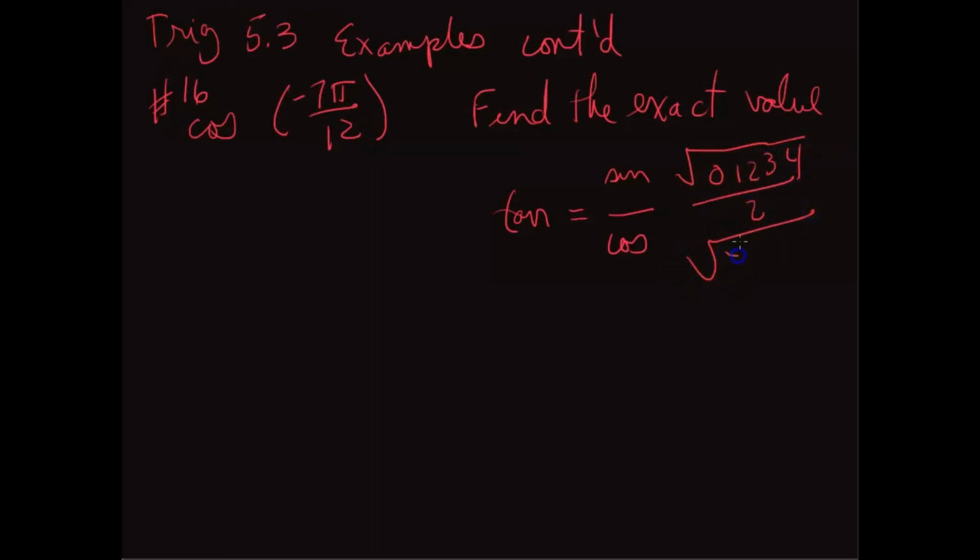This is the square root of 4, 3, 2, 1, 0 over 2. For 0 radians, pi over 6, pi over 4, pi over 3, and pi over 2. So we need some fractions that are going to add up to a negative 7/12. Don't worry about the pi, it's just the 7/12 that we need.